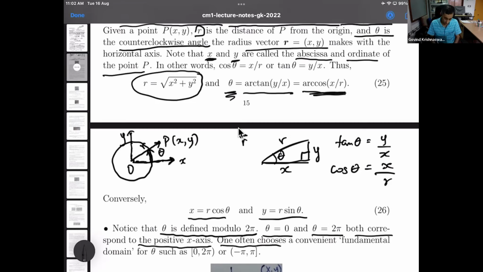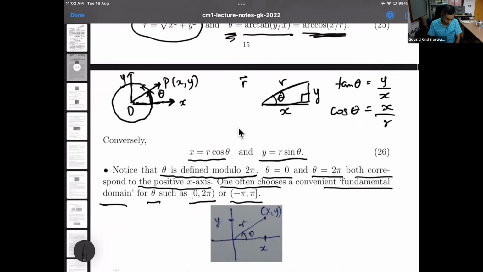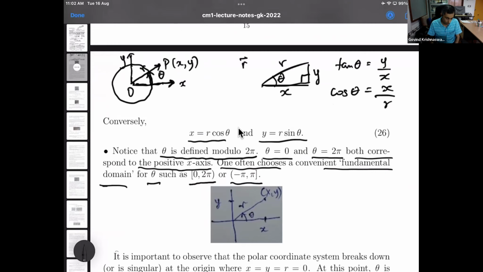So one often chooses a convenient fundamental domain for theta, such as the half-open interval from 0 to 2 pi, or you could go from minus pi to pi. You have to use some convention if you want to fix a particular angle, and depending on the problem, there may be various convenient conventions.